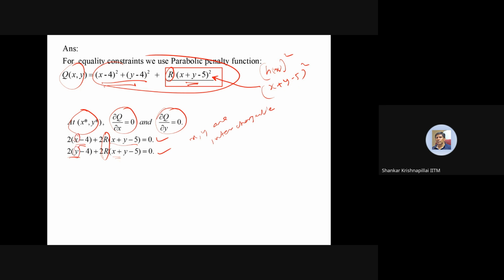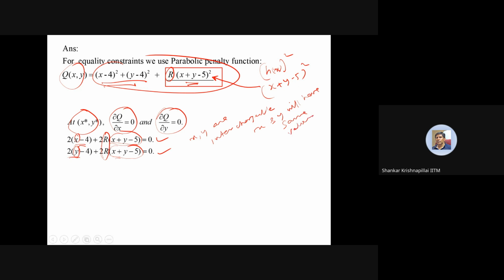X minus 4 is occurring here and y minus 4 is occurring here. X plus y minus 5 is occurring in both. So this means that x and y will have the same values in the answer.